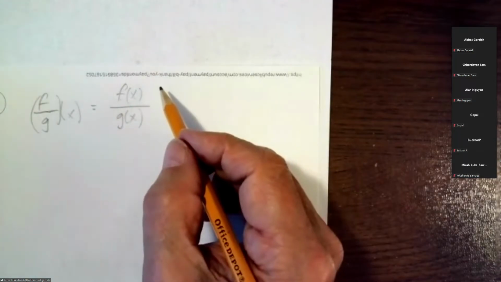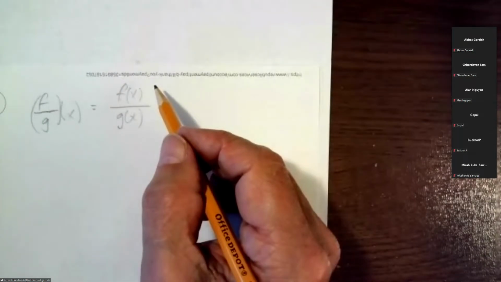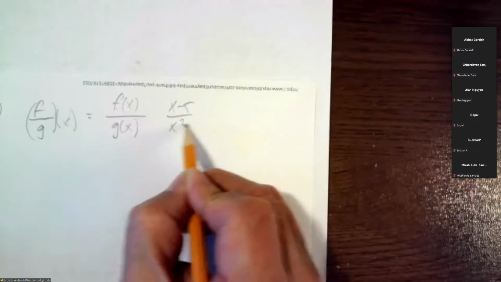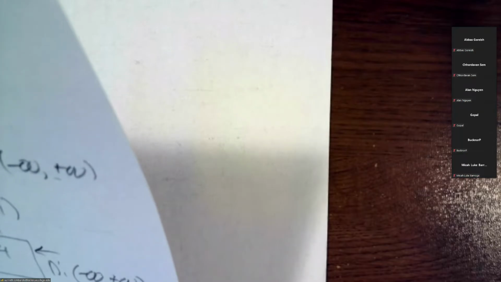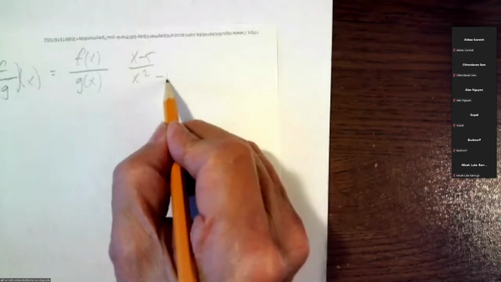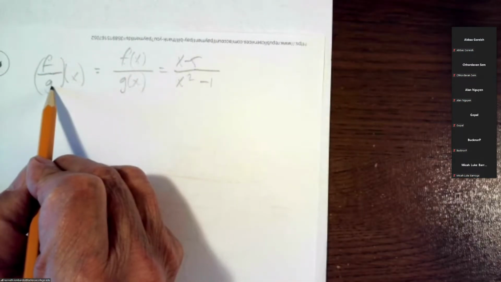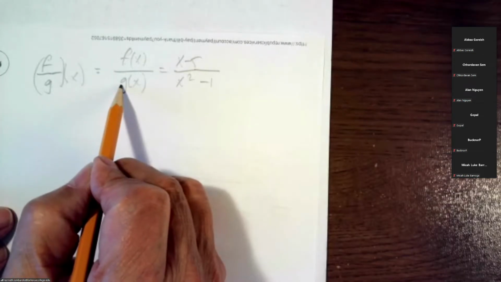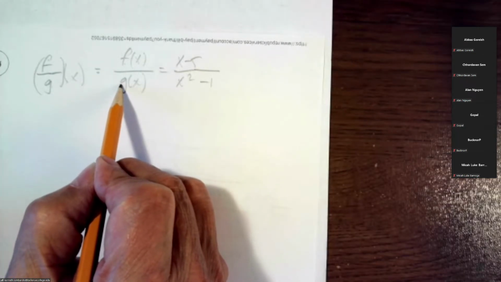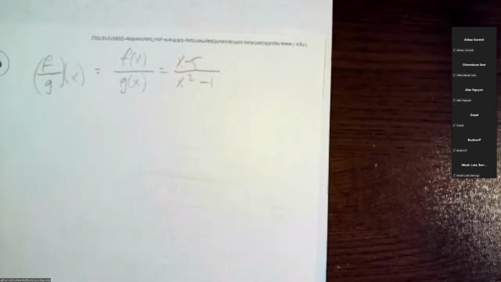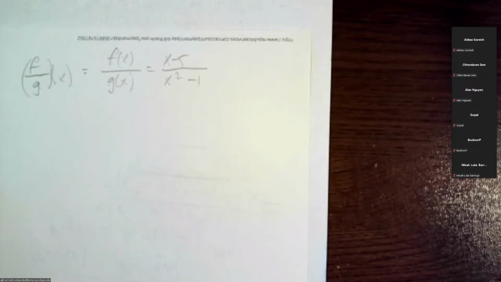And let's see, they were given as, given that f of x is x minus 5 over x squared minus 1. So I'm evaluating f divided by g of x, which is the same as this over this. Can everybody agree with that? And then is there some way I can simplify this or not? And any exclusions?